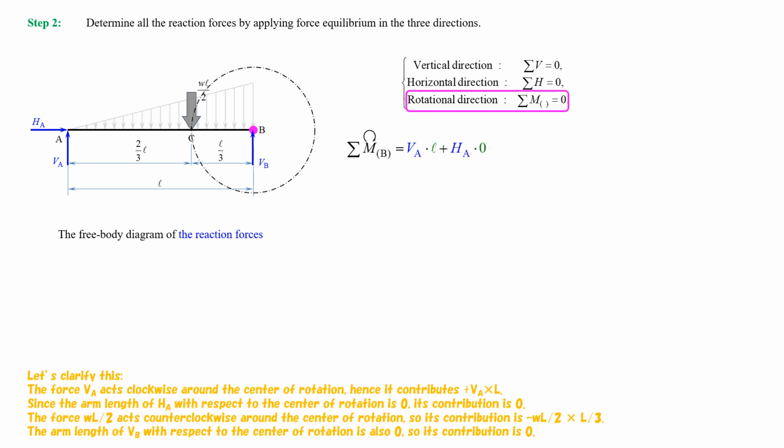The force W, multiplied by L, divided by 2, acts counterclockwise around the center of rotation, so its contribution is minus W, multiplied by L, divided by 2, and then multiplied by L, divided by 3.